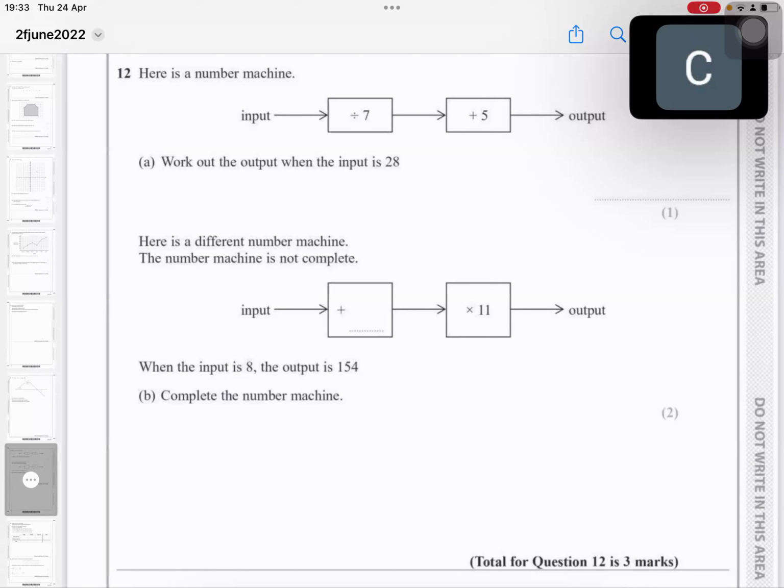So what would we add to 8 to give us 14? 6. That's 6. So 6 is going to be in that first box, since 8 is the input. You get it now? Yes, yes. Okay. All right. So this one was quite easy.